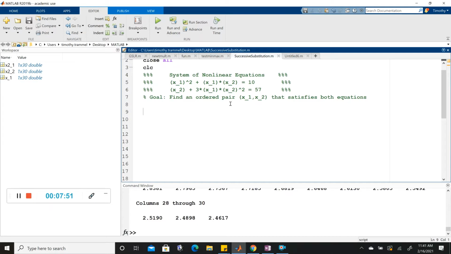So we have x sub 2 is equal to 10 minus x sub 1 squared, and then this should all be divided by x sub 1. And then the second equation, let's solve it for x sub 1.